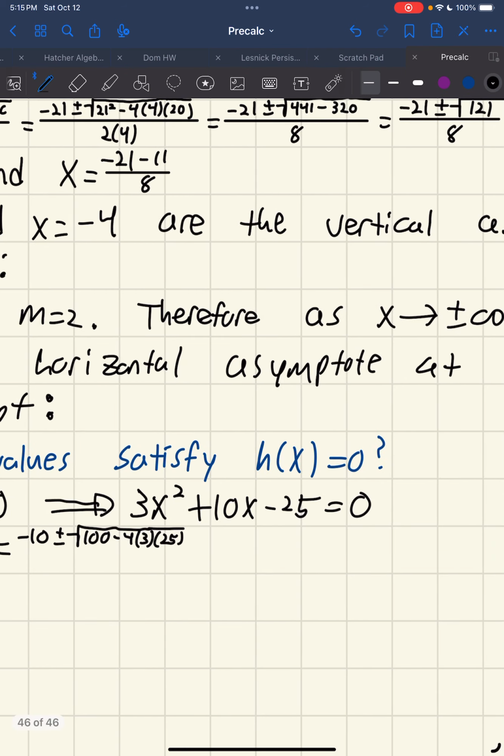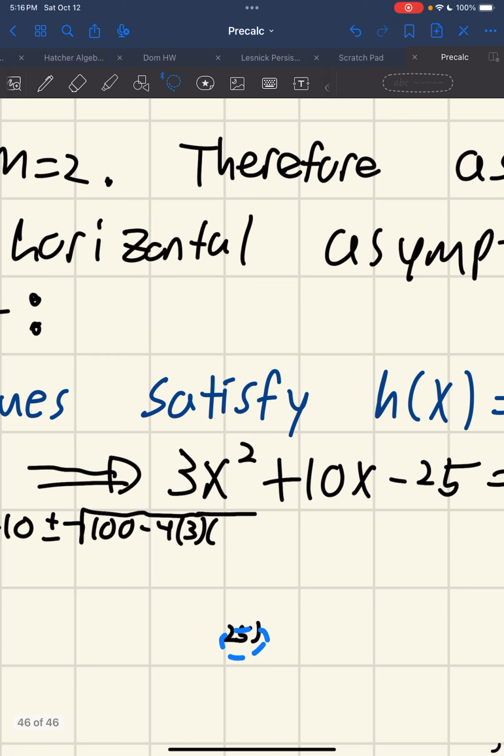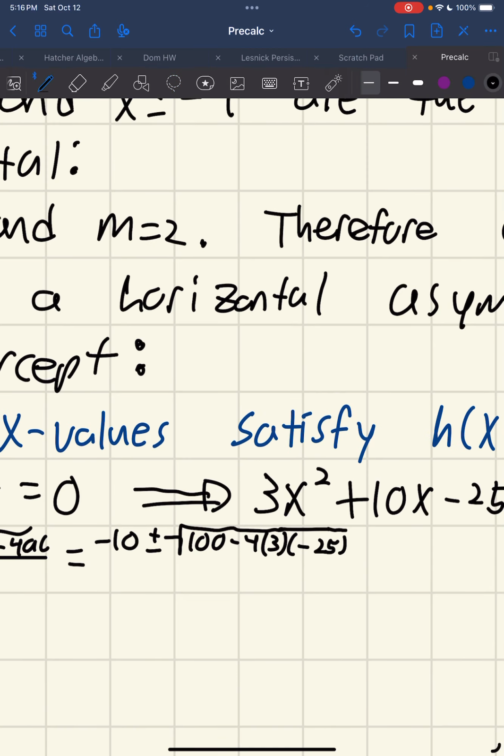It's negative 25, that's why. Because if it was positive 25, we would have gotten a negative underneath the radical. Negative 25. Apologies for that. All over 2a, or 2 times 3.